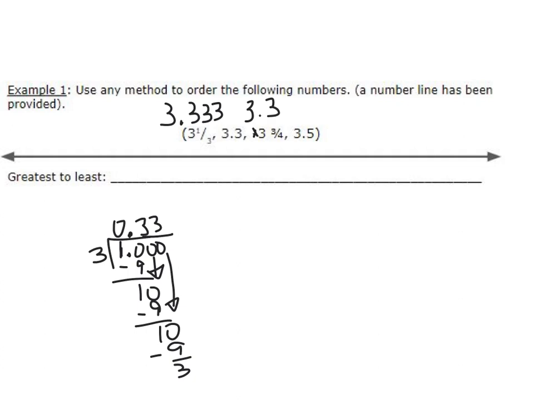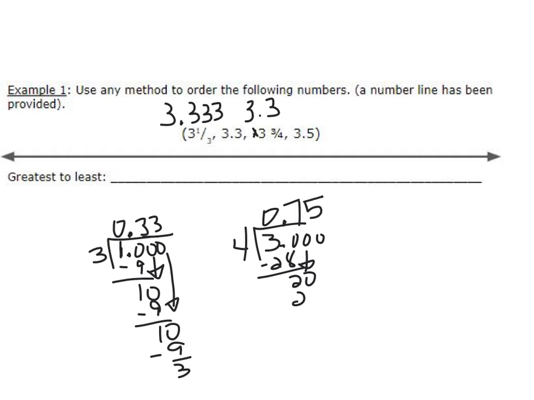Then you have 3 3/4. So 3 3/4 again, top in, bottom out. Add your decimals and your zeros. So 4 into 3 is 0 times. 4 into 30 is 7 times, which is 28. Remainder is 2. Bring the 0 down. 4 into 20 is 5 times, which is 20.